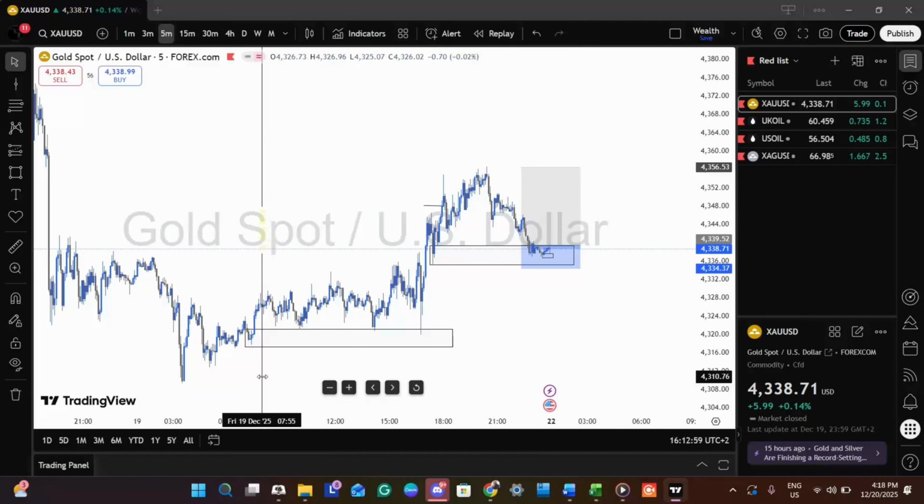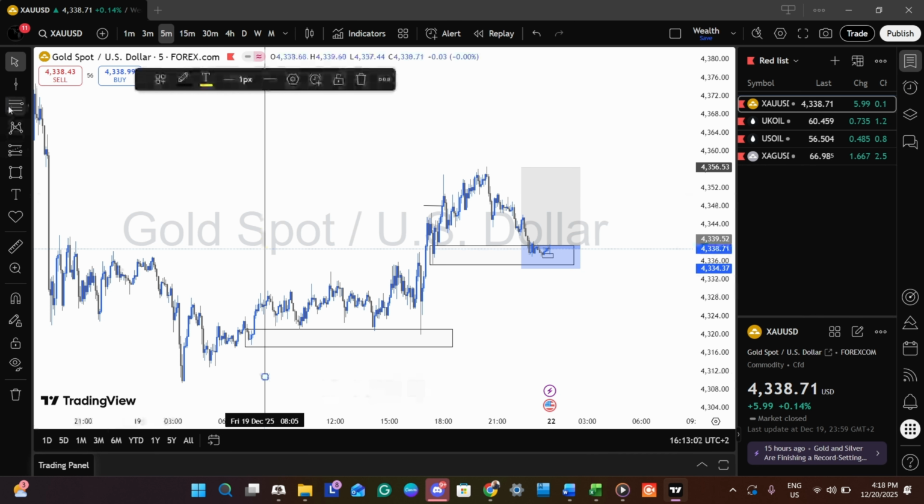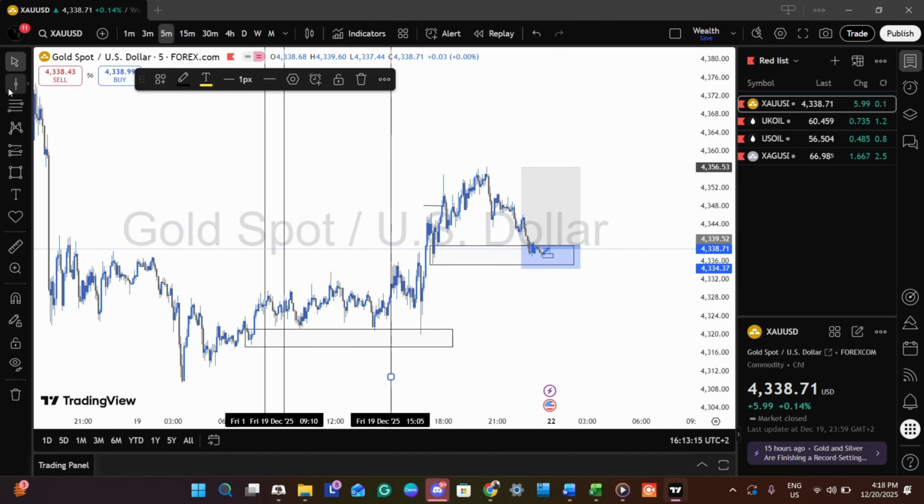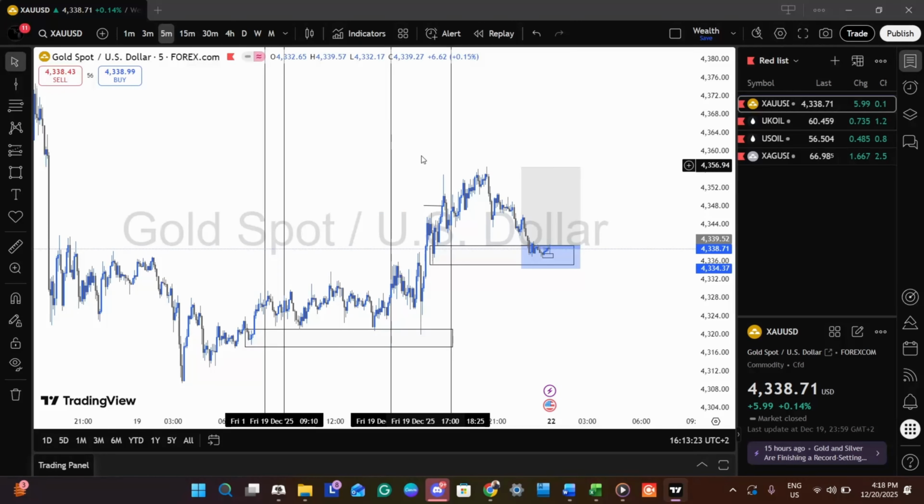So here specifically, this is where Frankfurt started, this is where London started, then this is where New York session started, and this is where London session ended. So for the rest of the day after London session ended, we have the price action from New York session being the focus.